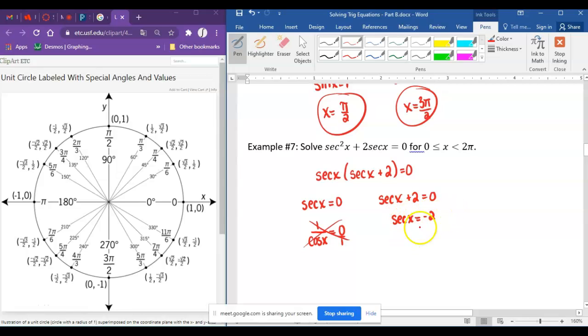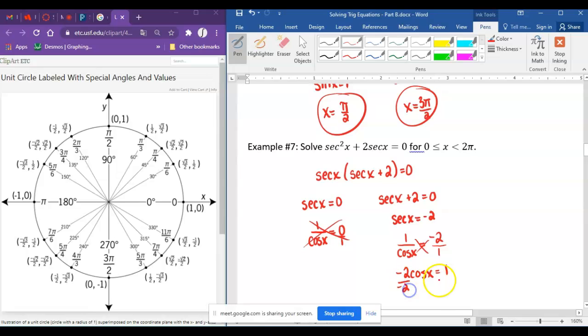But over here, we've got 1 over cosine x equals -2. So if we think here about doing this, maybe making it a fraction and cross multiplying, -2 cosine x would equal 1.